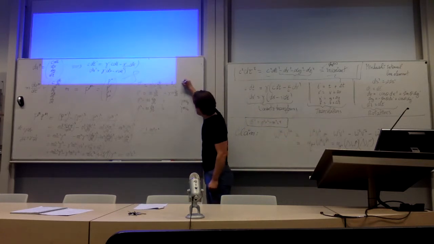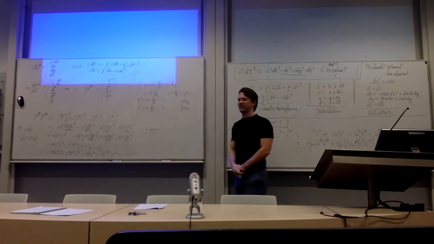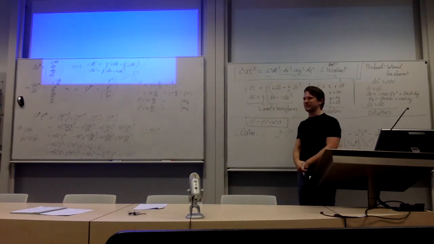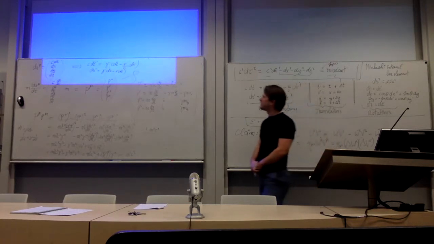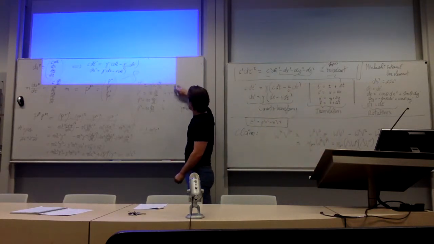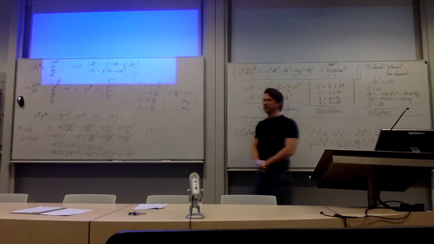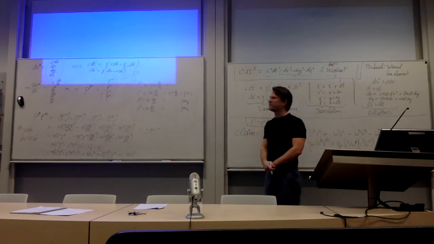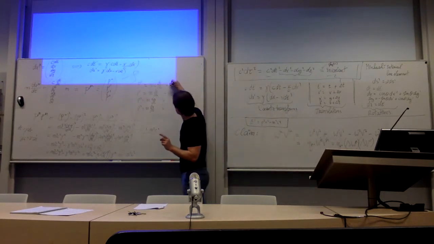Now this thing. My claim is this is energy over c. It's maybe more difficult to see. Or maybe it isn't. Maybe it's even easier. So we can rewrite dt over d tau as gamma, maybe.